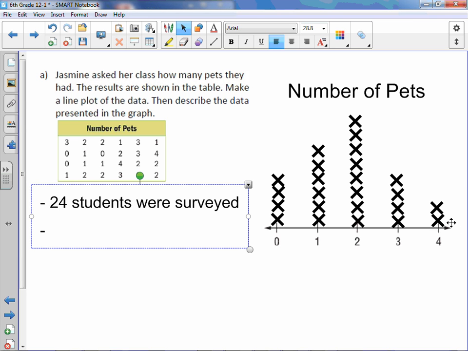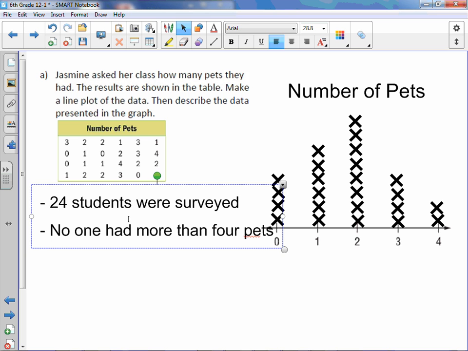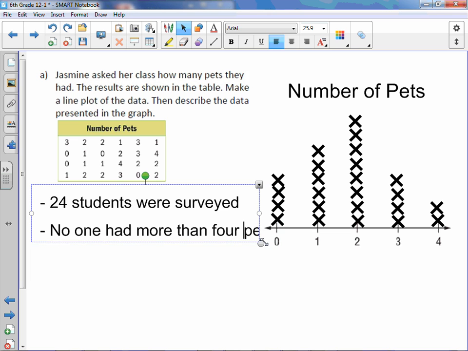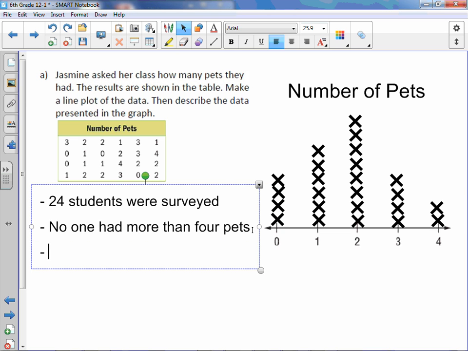Only 2 people had 4 pets, and 4 students had no pets. And since 4 was the maximum, that means no one had more than 4 pets. So let's write that down. No one had more than 4 pets. And 4 students had no pets.